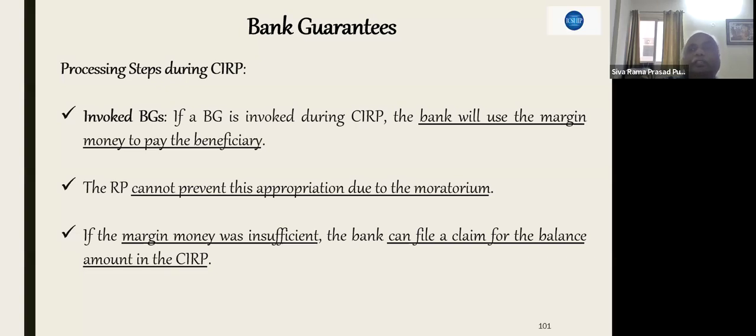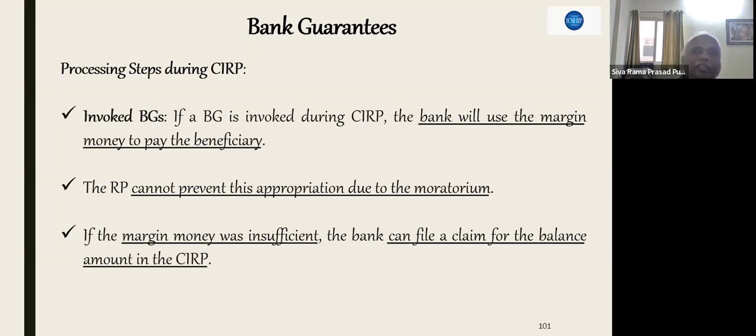The processing steps in CIRP. What are the various steps in CIRP with regard to bank guarantees? Invoked BGs, first point: if a BG is invoked during CIRP, the bank will use the margin money and pay the beneficiary. That is the first step.